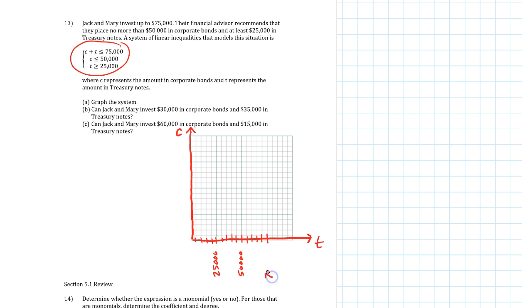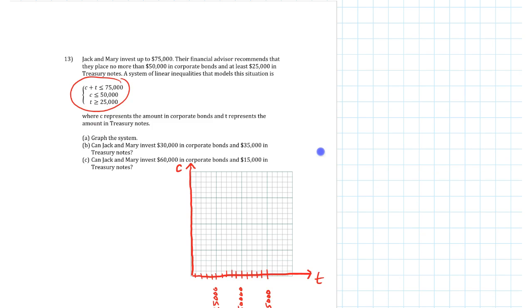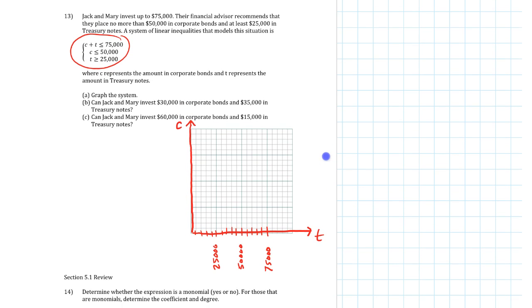And right here would be 75,000. Same thing this way. This is 25,000. Here you would have 50,000. Here you would have 75,000.